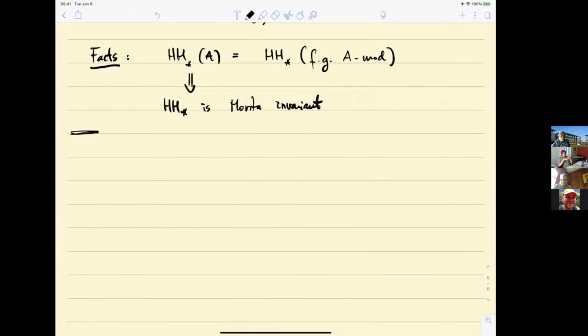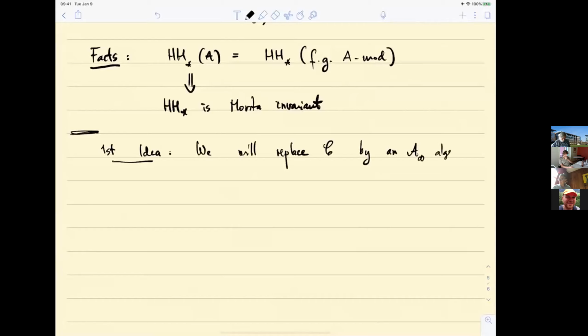The first idea is we will replace the category C by an A infinity algebra A such that C is equivalent to A modules.